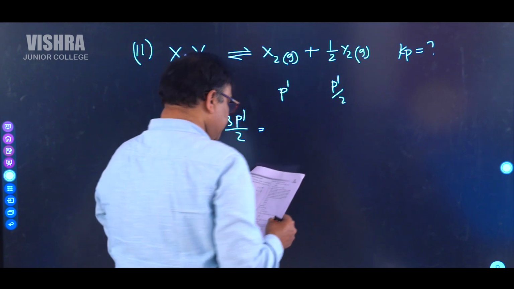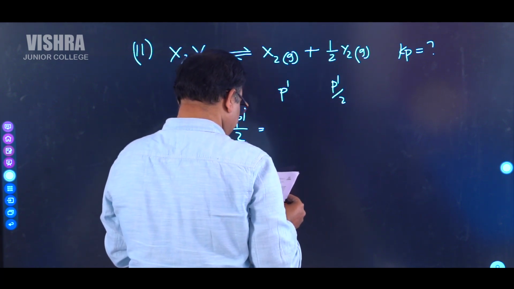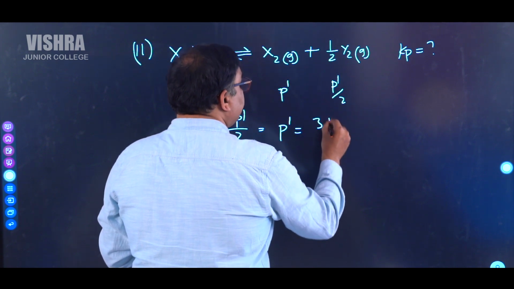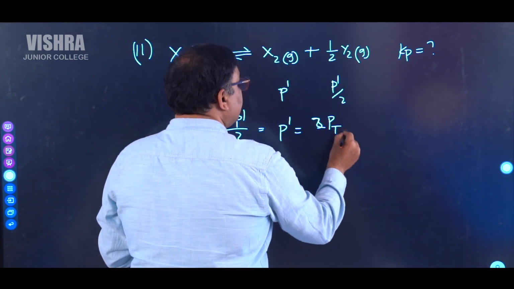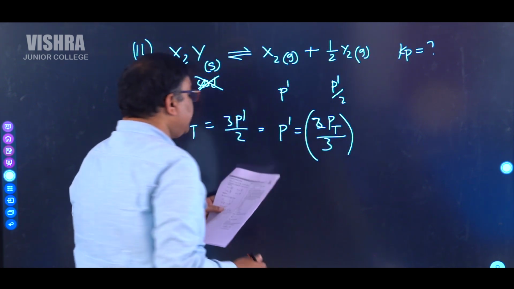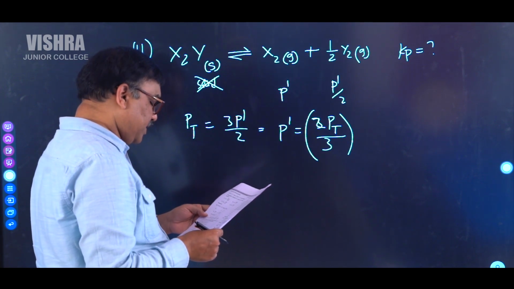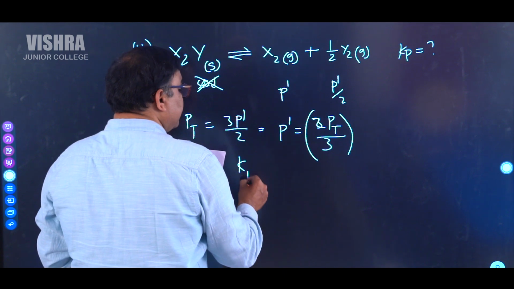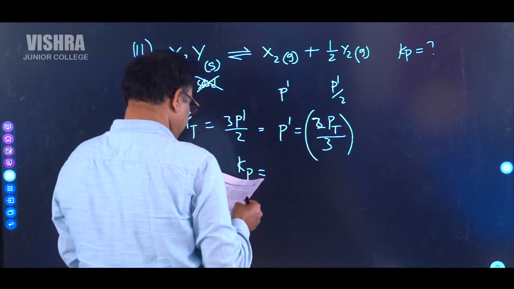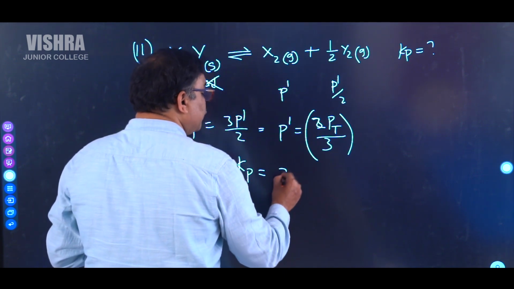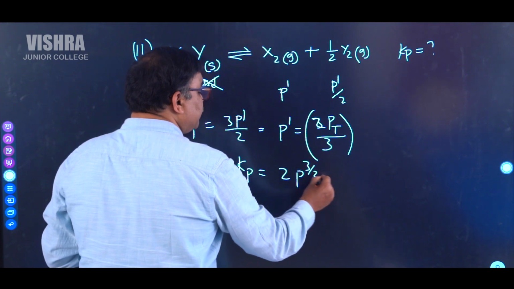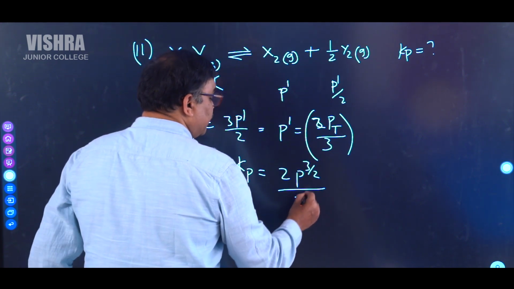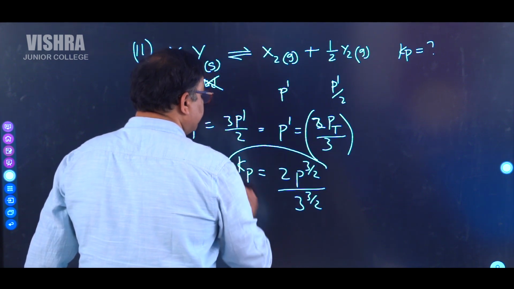So P' is equal to 2P total by 3. So when we calculate that, obviously we are getting Kp value is equal to (2P)^(3/2) divided by 3^(3/2). This one is the option.